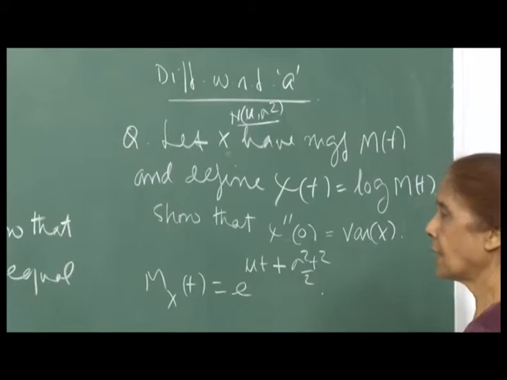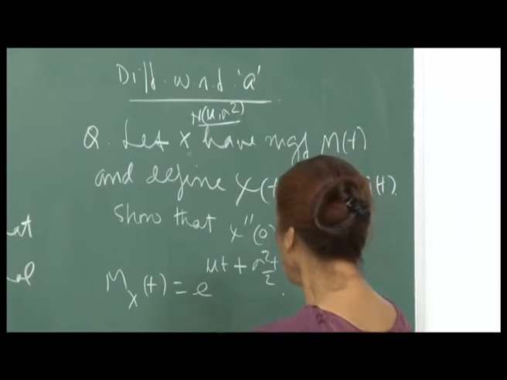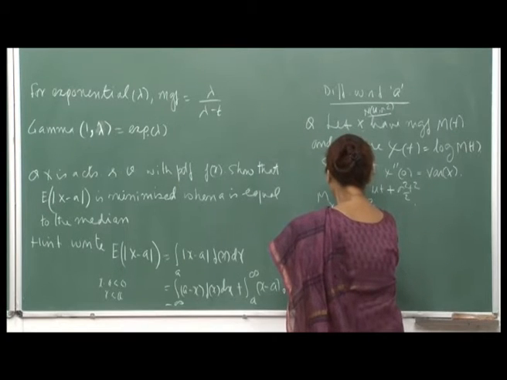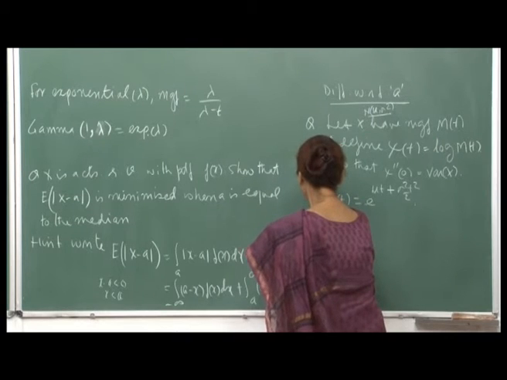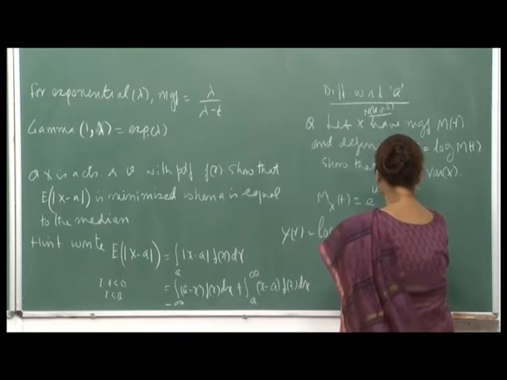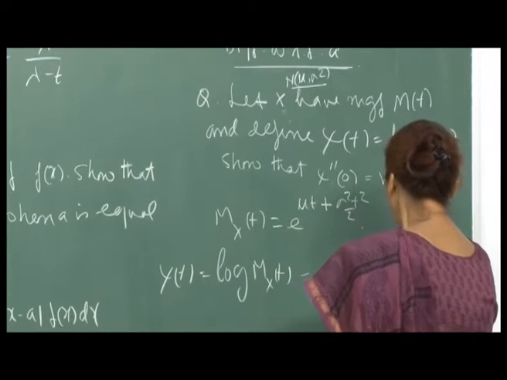We will also be talking of the characteristic function. Now, for example, M_X(t) for a normal is this. If you take the log of this, which we are calling psi of t, then this will be equal to mu t plus sigma square t square by 2.